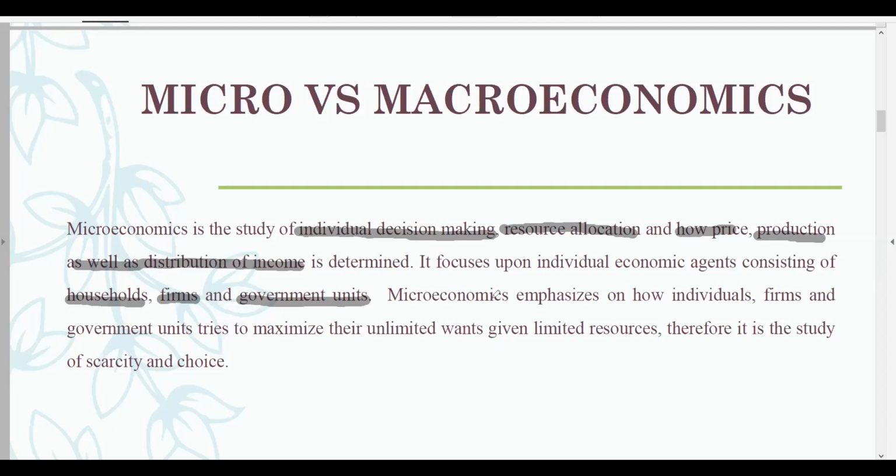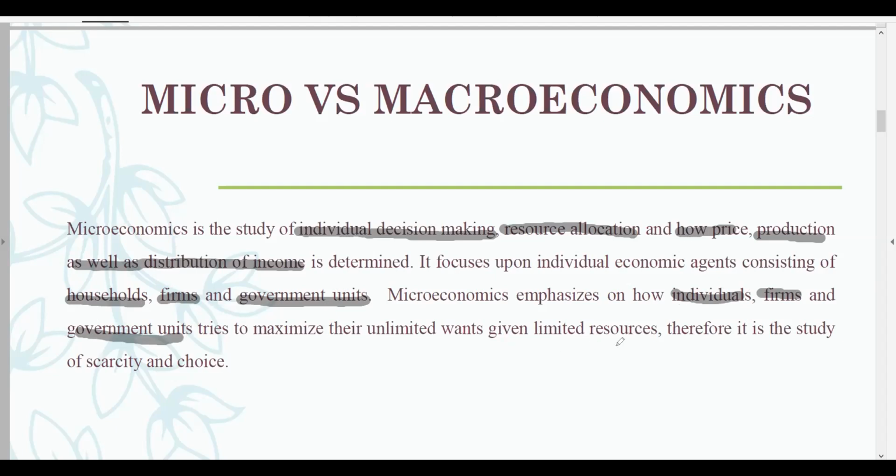So microeconomics emphasizes how individuals, in this case households, firms, and government units, try to maximize their unlimited wants given limited resources.